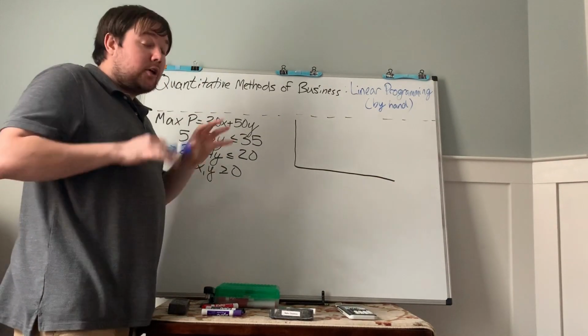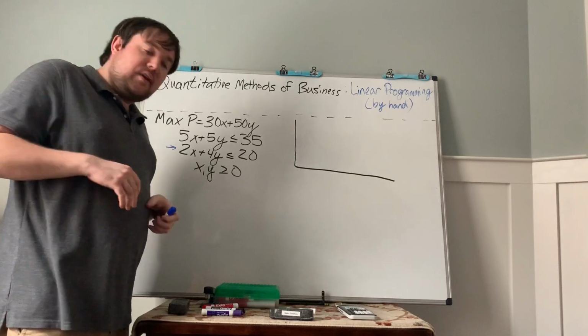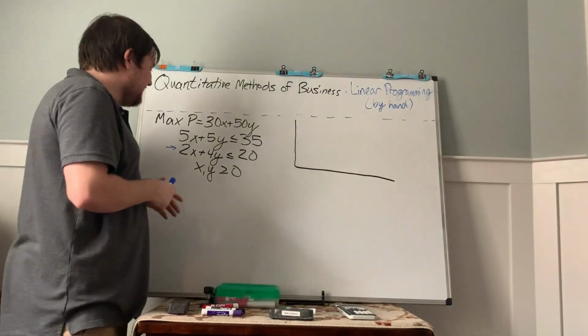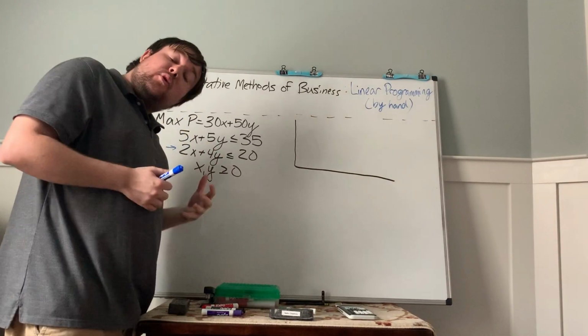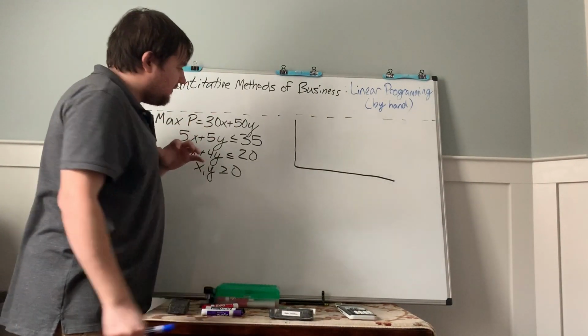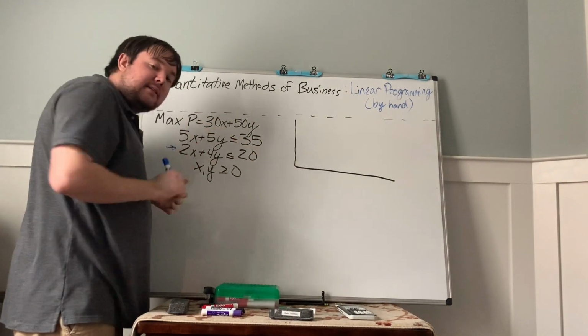Now you've probably learned how to graph lines in the past, but just as a review, we're going to break this down and how to actually do this. So there are a couple ways you can do this. You can either put this into slope-intercept form or figure out some kind of mathematical way to get it into an easier form.